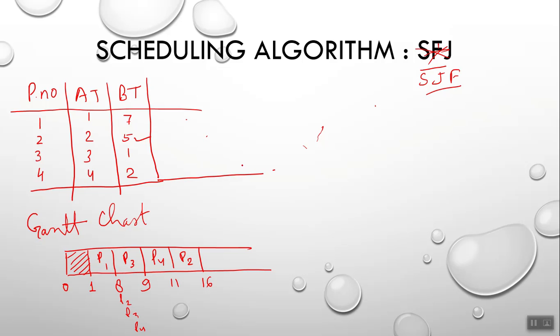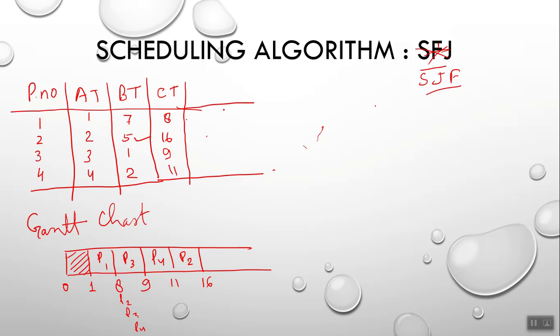Now you can write the completion times accordingly. The completion time for P1 is 8, for P2 it is 16, for P3 it is 9, and for P4 it is 11, right? This is how you calculate the completion time with the help of the Gantt chart.